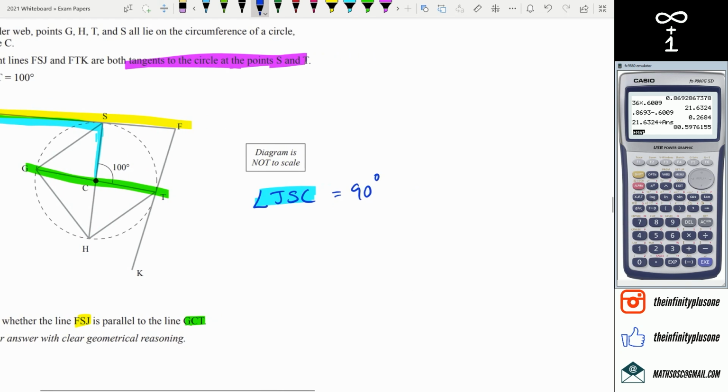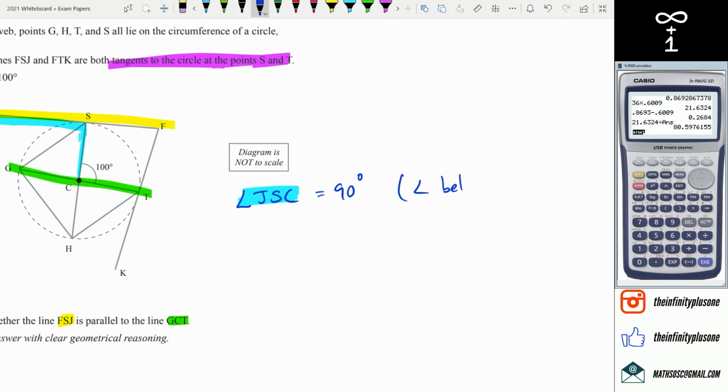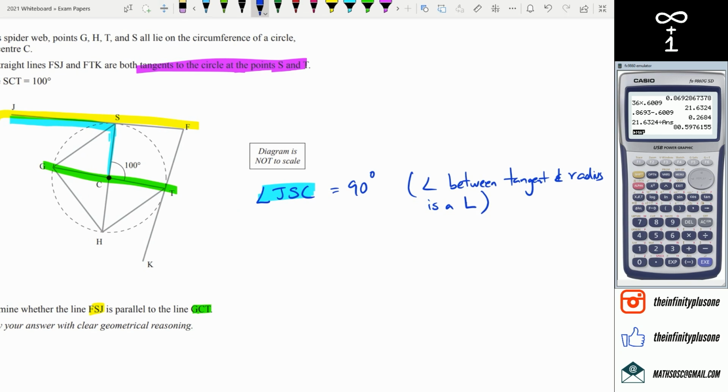The reason it's 90 degrees is because the angle between tangent and radius is a right angle. Actually, let's just be safe and write the word down. There we go, right angle.